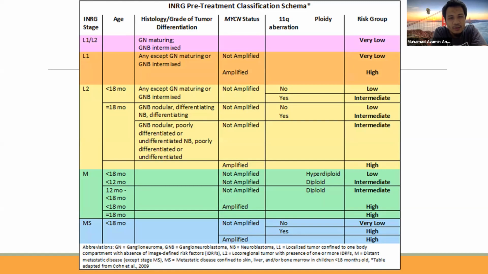But I would say most of them, low grade tumors, will go to surgery plus minus a bit of chemotherapy. The high risk will probably go for chemo first plus surgery plus more chemo, and some of them might need radiotherapy as well, depending on the size of the tumor.